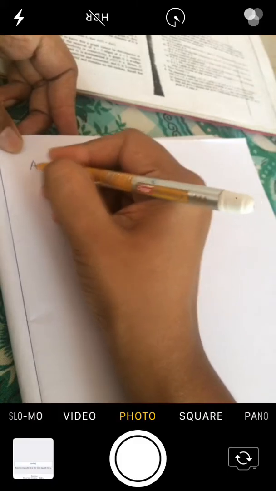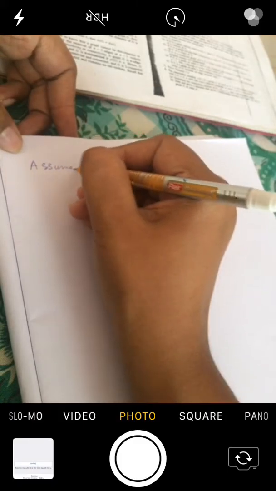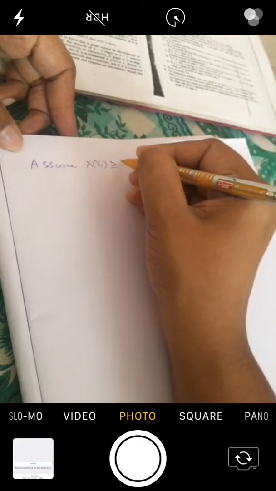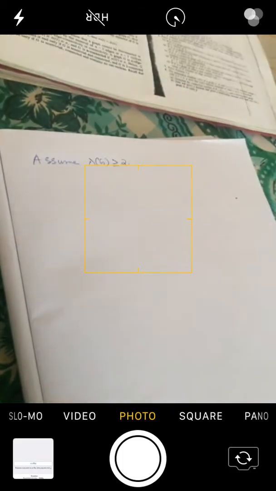Now assume that lambda G is greater than or equal to 2.